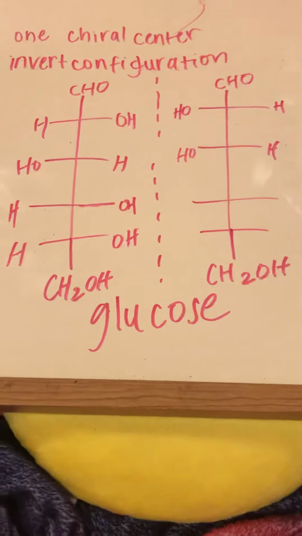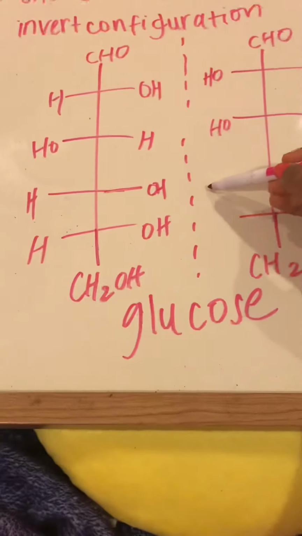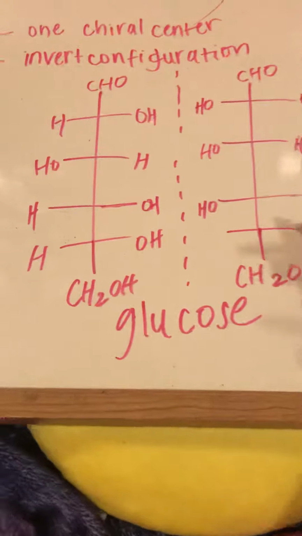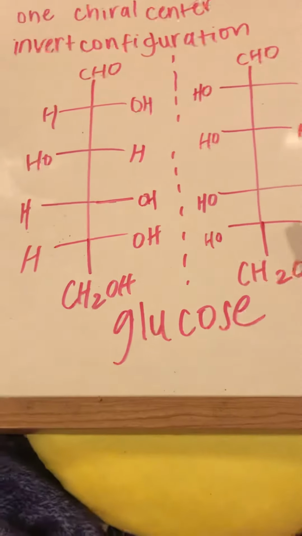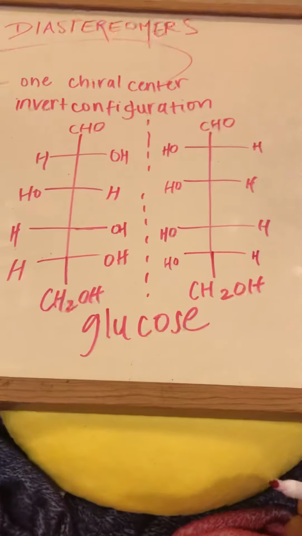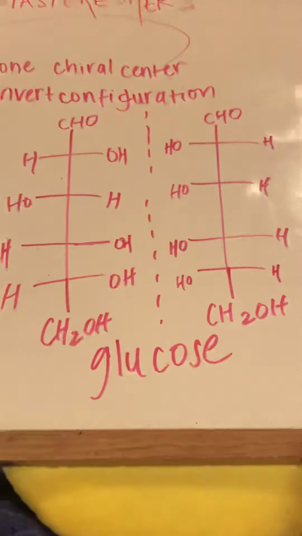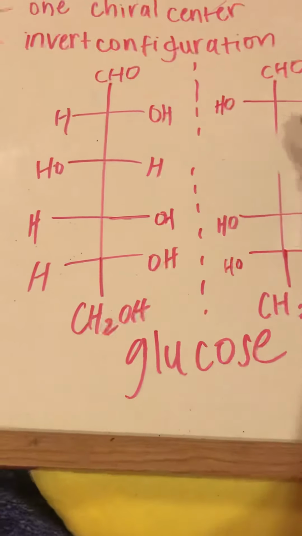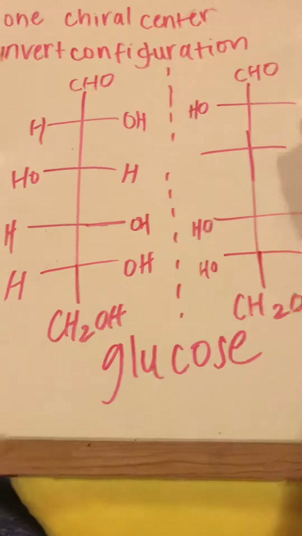It would still be a diastereomer. I could just do this and it would still be a diastereomer. And I could also just go ahead and add the last OH and do that, and it would also be a diastereomer.